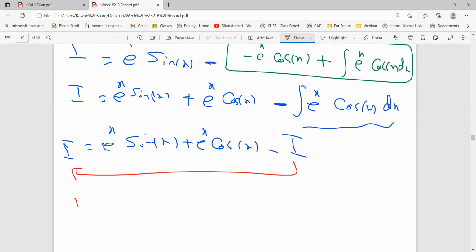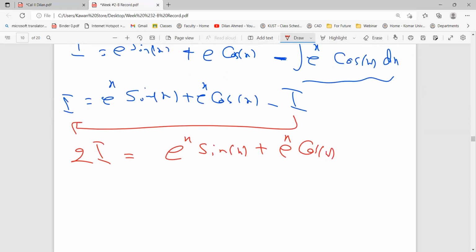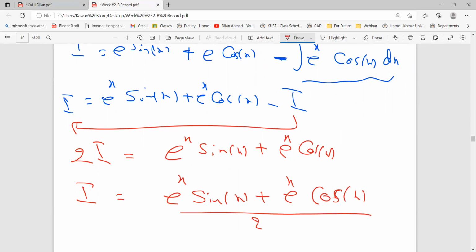So I will get I plus I, equal to 2I. 2I equals what? e^x sin x, right? And I equals what? Solved, right?